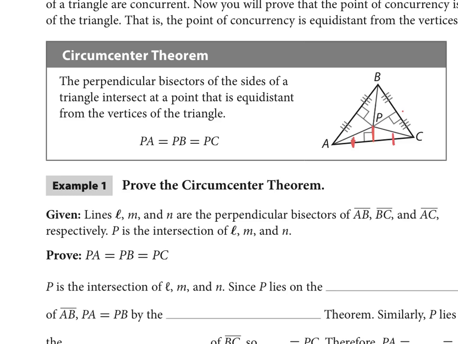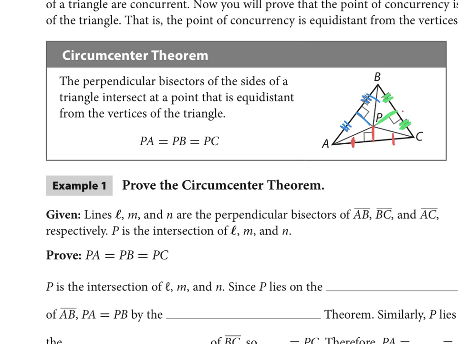This is the perpendicular bisector of AB, and it cuts AB into 2 equal parts. And this is the perpendicular bisector of BC, and it cuts BC into, I don't know why they've got 3 lines, 2 equal parts, okay?